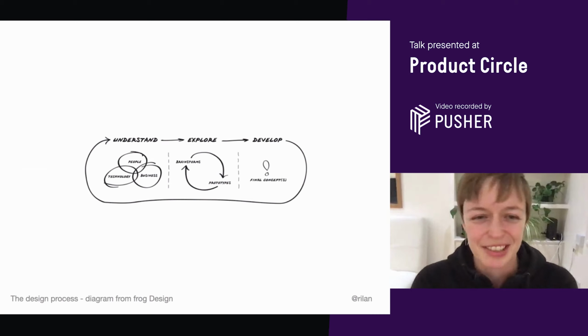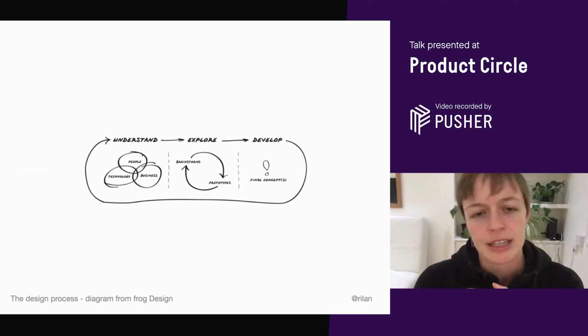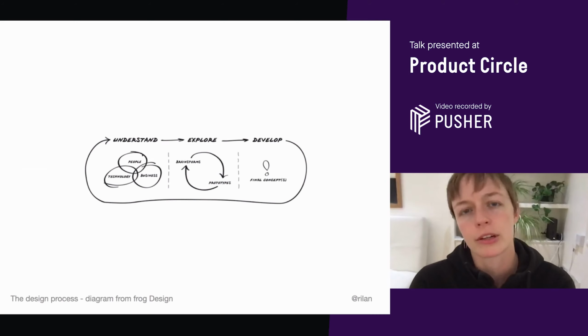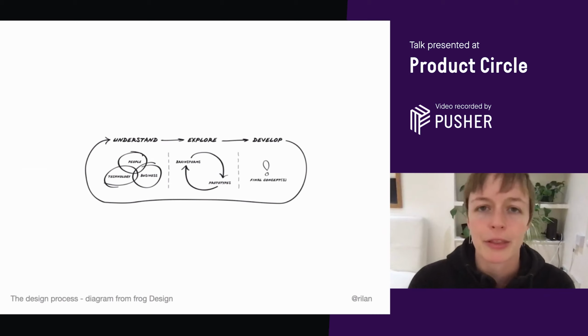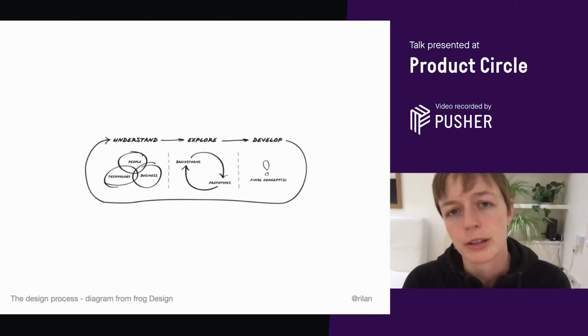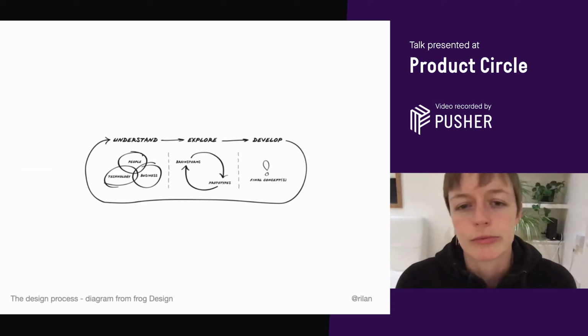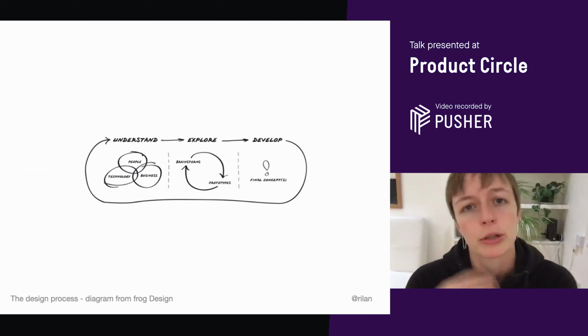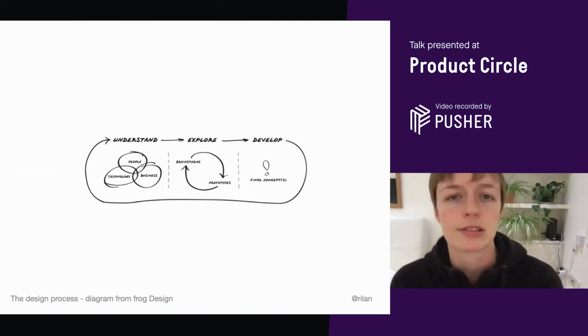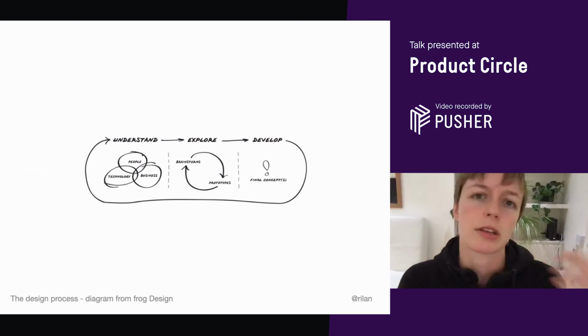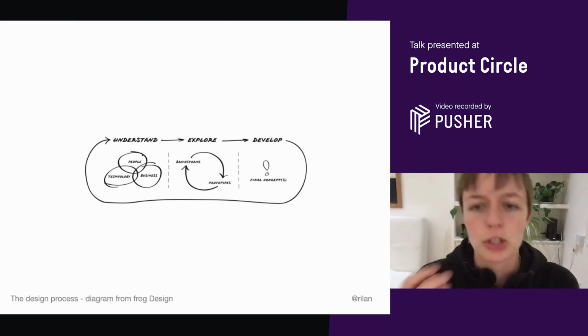This is taking some time to understand the context of the problem that you're looking at, and think about whether that part of the problem is the problem you want to solve, and then to explore different solutions for it, prototype different solutions, to iterate and see, is this a good solution? Is it not? Which aspects of it work well, which don't?